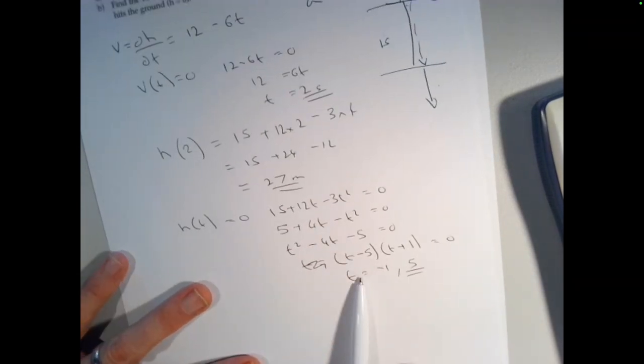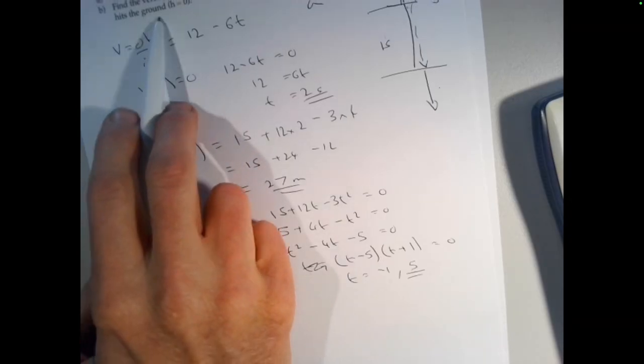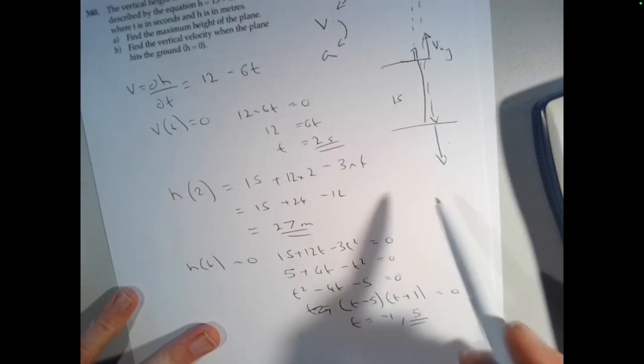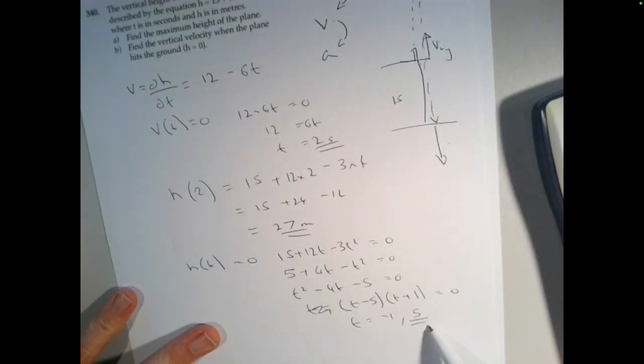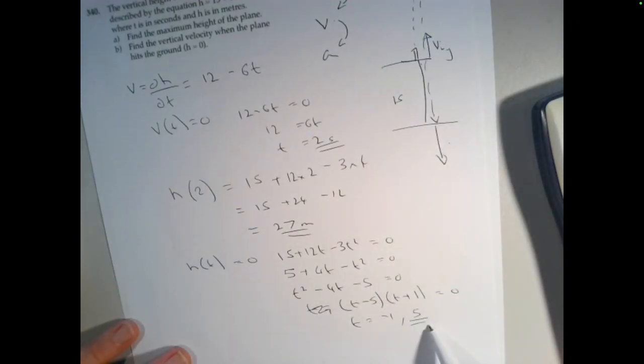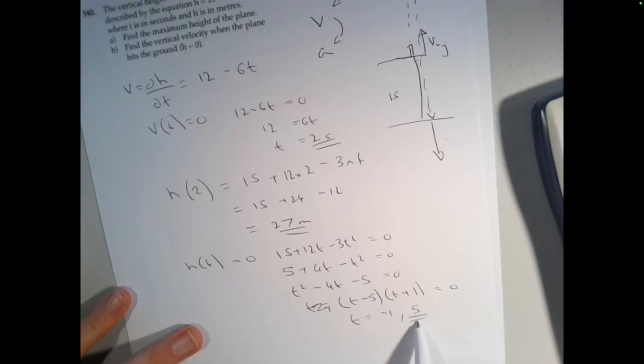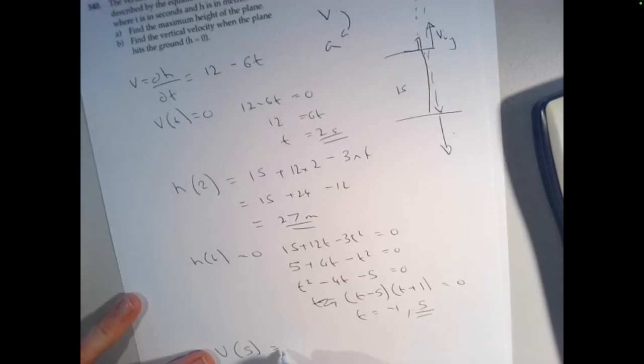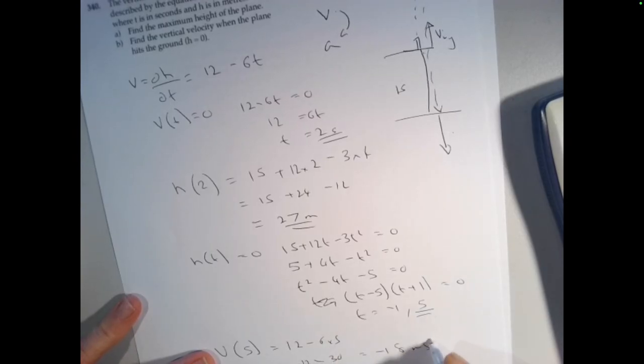So what it just said is h equals 0 at time equals 5 seconds. Okay, so we're going to put that into this expression here. So v of 5 equals 12 minus 6 times 5, and that is 12 minus 30, which is negative 18 meters per second.